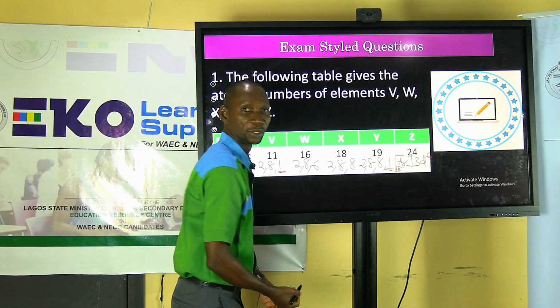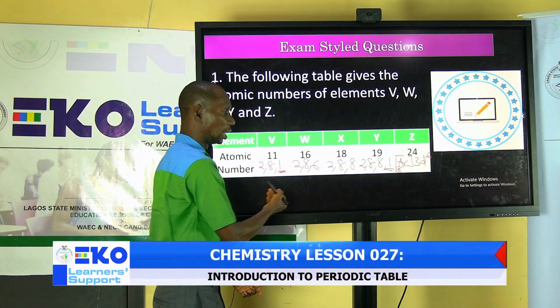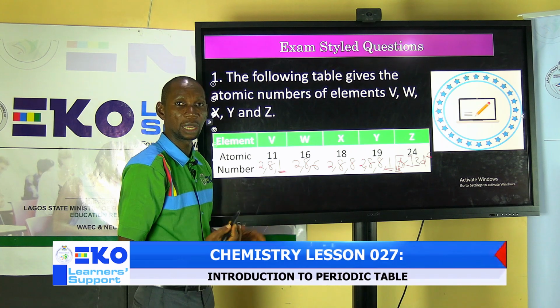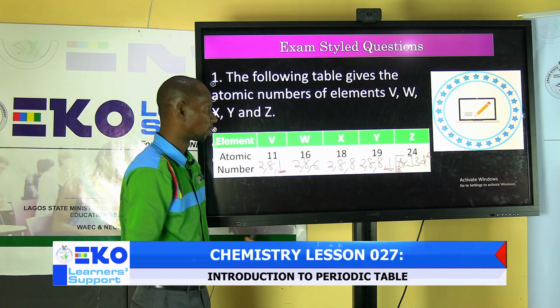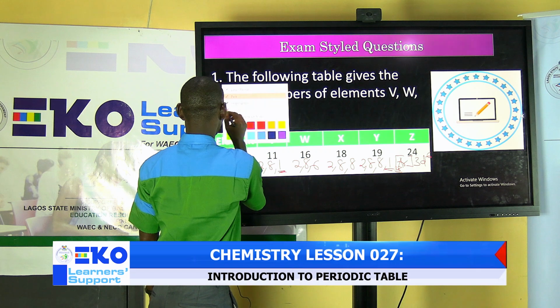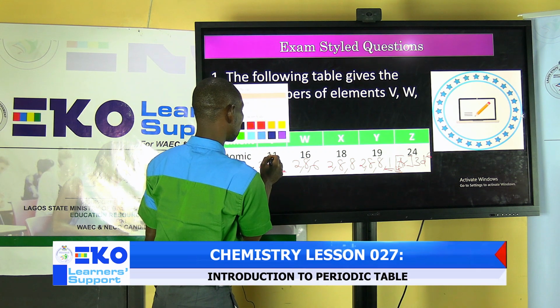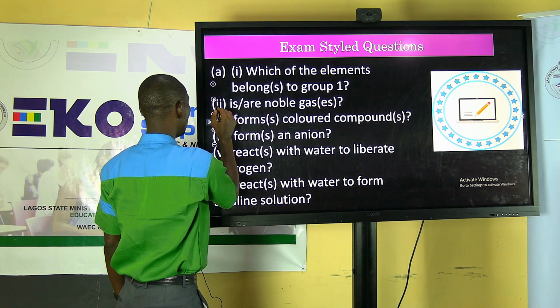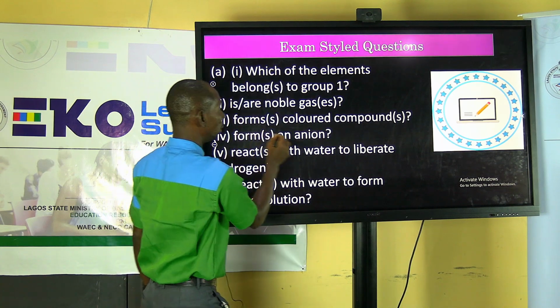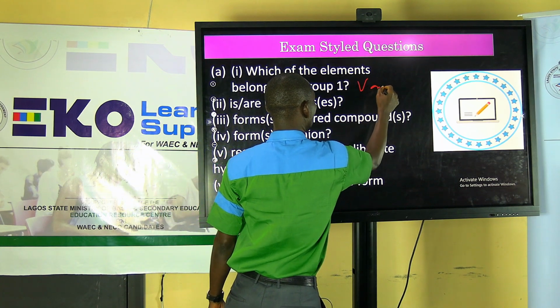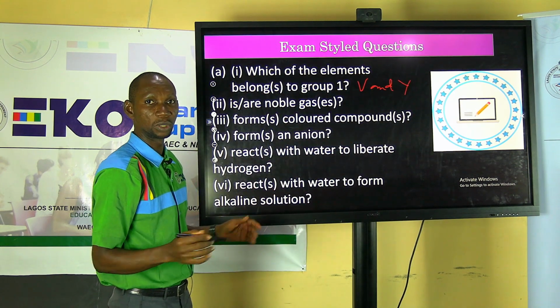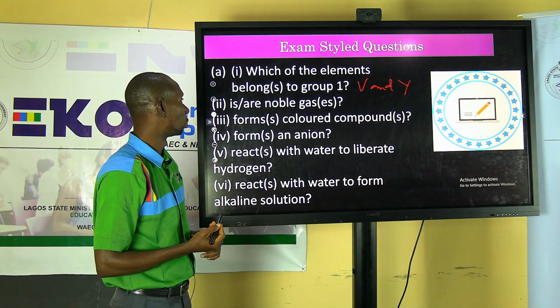Y. Can you see why it is important for you to learn how to write electron configuration? Because once you do that, the answer becomes very clear. So let's go and answer that particular question. That is V and Y. So I'm just going to write there V and Y. You are not explaining anything. That's it. That's what the examiner is asking you to do.